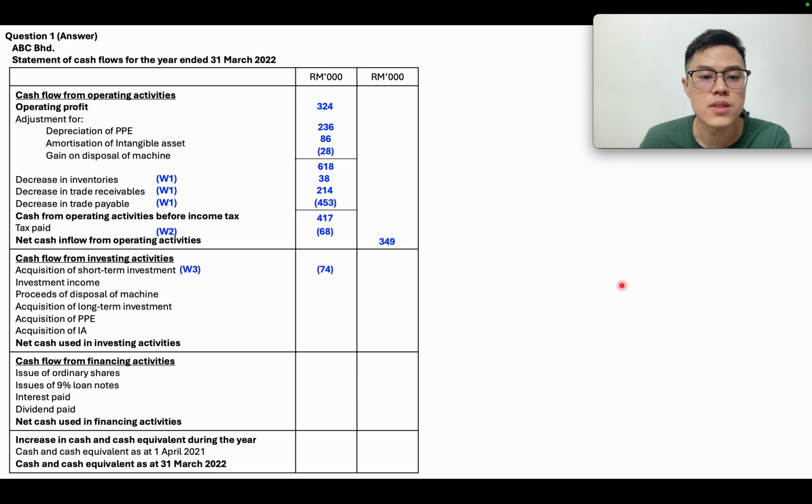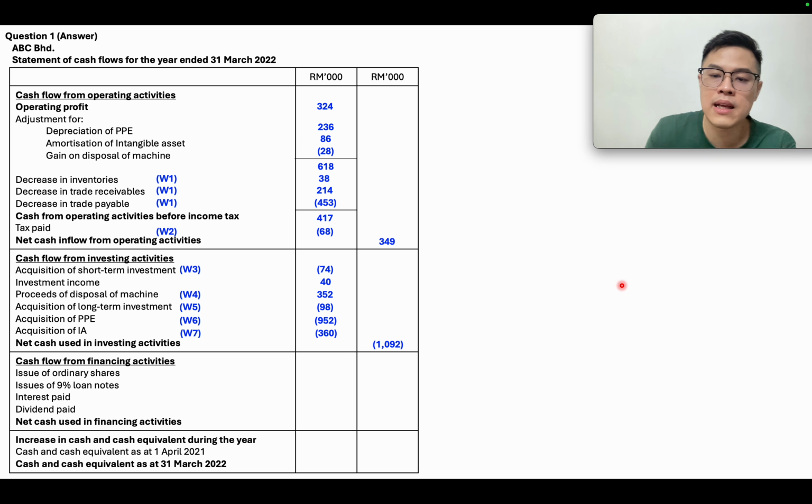After that, those investment amounts, such as you buy short-term investment, you receive investment income, you dispose the properties or machine, then you receive the money, and you buy long-term asset, buy PPE, buy intangible asset, that buying will be an outflow. So net cash used for investing activities.